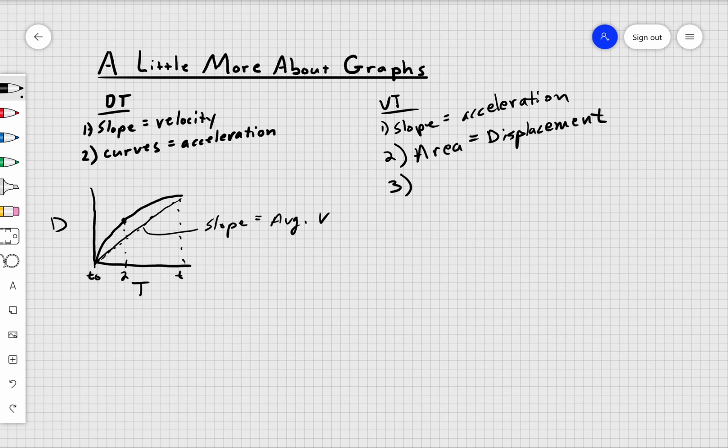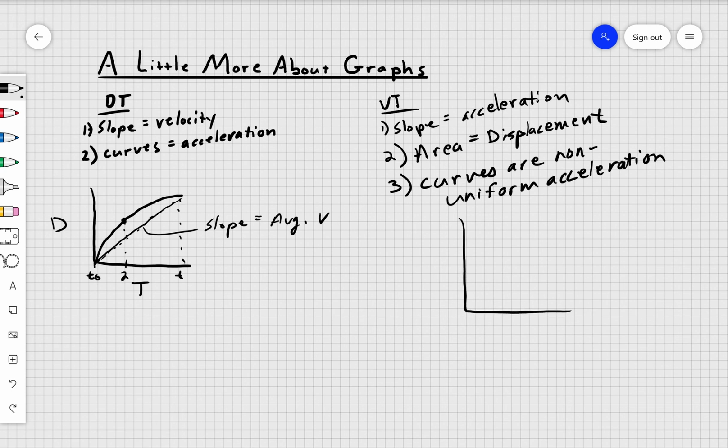and it's a good idea to know that curves, since the slope is the acceleration, curves are non-uniform acceleration. In other words, the acceleration is changing, which, if you remember, requires a little bit of calculus. So if we had a velocity time graph with curves on it, you're not going to be asked for the instantaneous acceleration, the acceleration at some specific point in time.